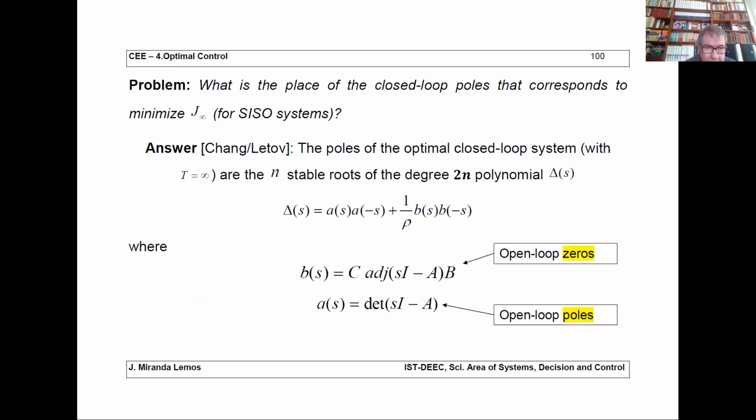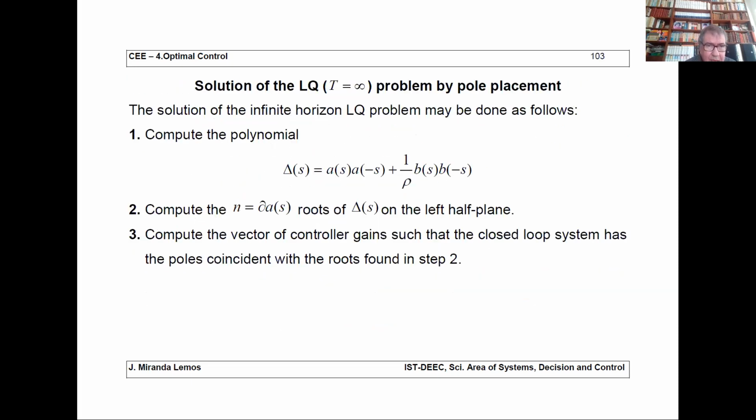Another way, which is an alternative way, is compute the open loop transfer function, compute the polynomial delta of S, compute the roots of this polynomial delta of S, and take the ones that are on the left semi-plane. And then design a pole placement controller that places the closed loop poles there. And these gains are the optimal ones. So you have these two alternatives. Would you like to make questions?